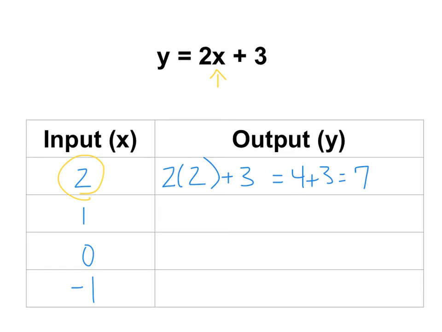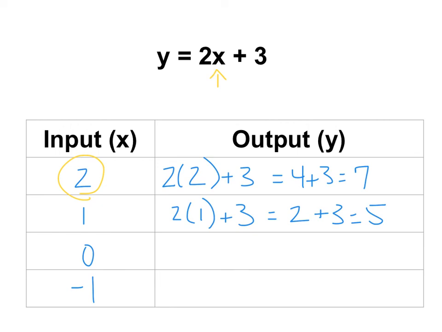Now I'm going to put in a 1 for x. So I have 2 times 1 plus 3, which is 2 plus 3, equal to 5. Now I'm going to put in a 0 for x.